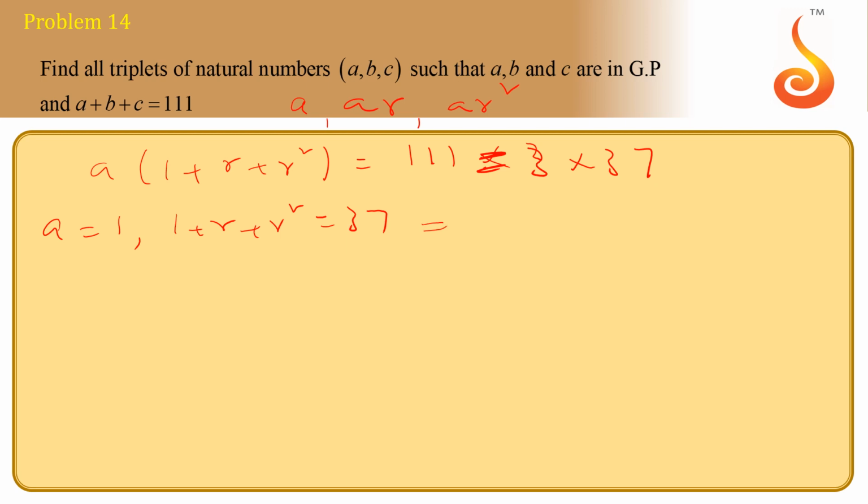Then simplify this: R square plus R minus 110 equals 0. Then what is the value of R?